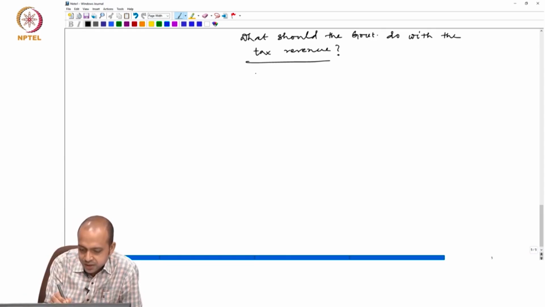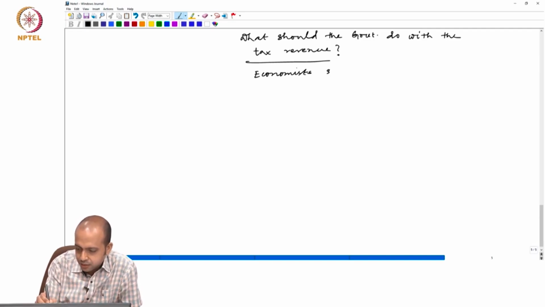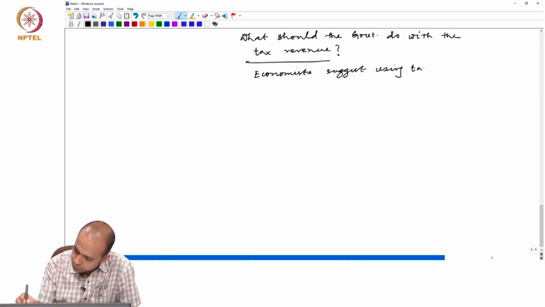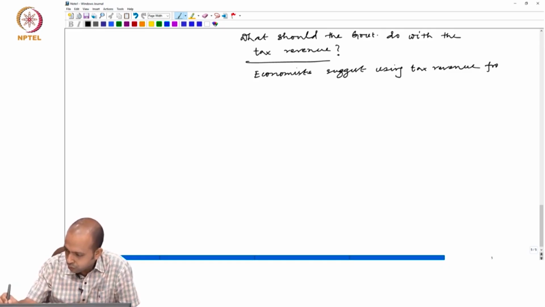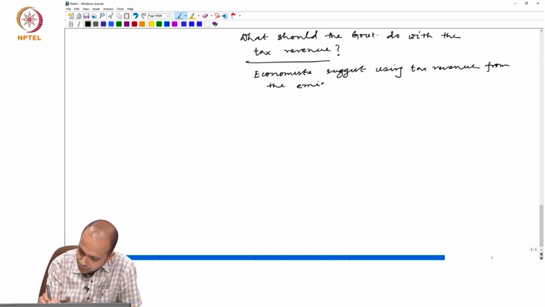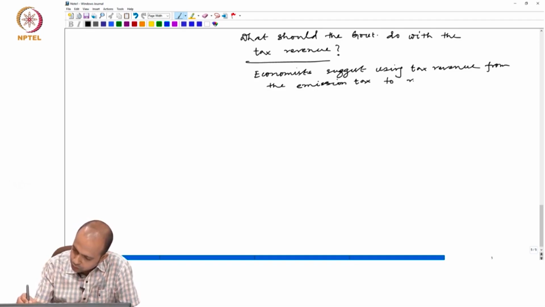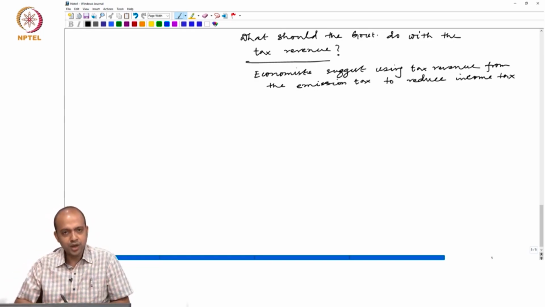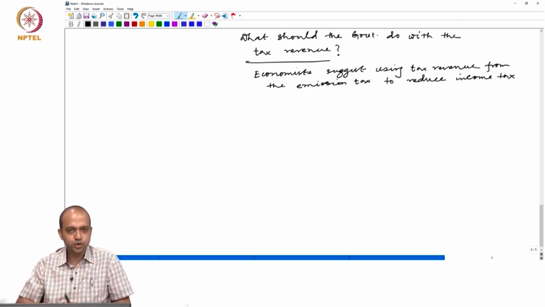So, economists suggest using tax revenue from the emission tax to reduce, let us say, income tax, because anyway government requires revenue from taxation, because taxation is the biggest source of revenue.